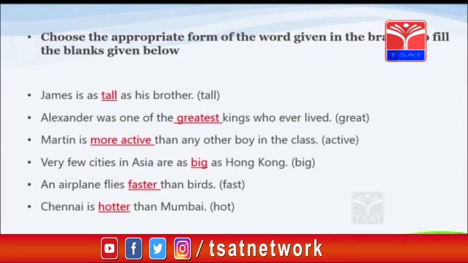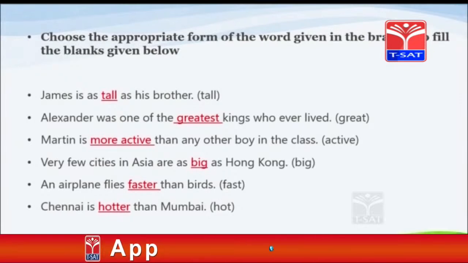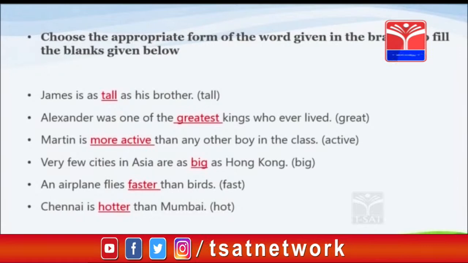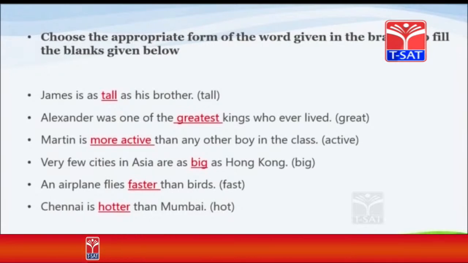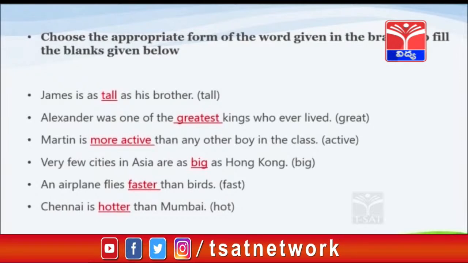The next one, Martin is more active than any other boy in the class. According to our rule number 5, we have to add the word more to make it comparative, and we can also observe the word than in the sentence, which clearly says that the word should come in a comparative degree. Very few cities in Asia are as big as Hong Kong.